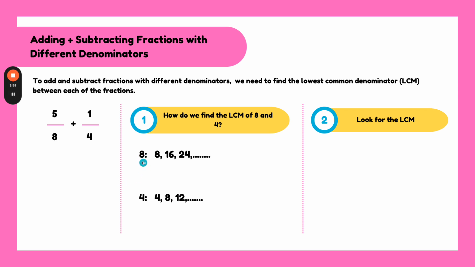So if we look at our list again, we can see that 8 is the lowest common multiple because 8 is a multiple of itself and of 4, and it is the lowest number which is a multiple of both numbers. So that is how we know that is our LCM, or lowest common denominator.